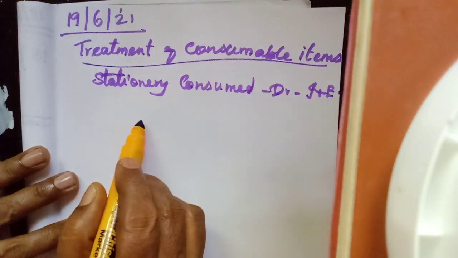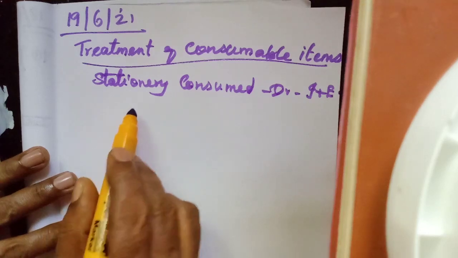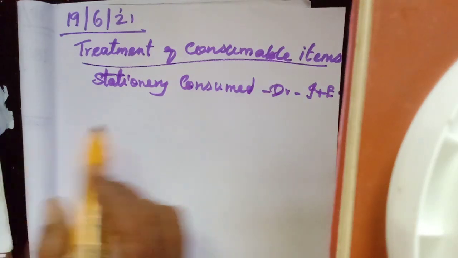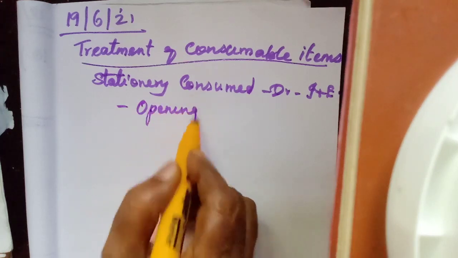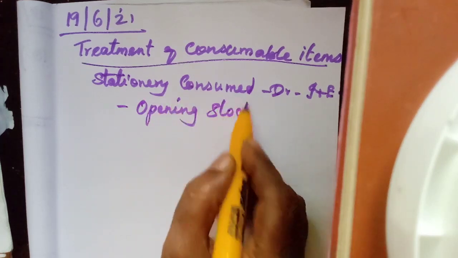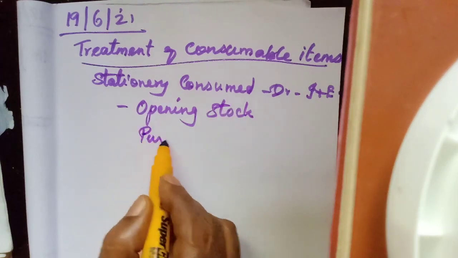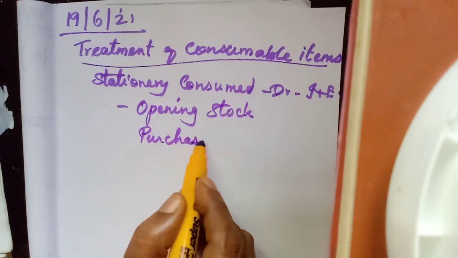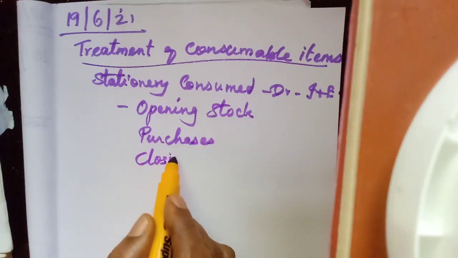The expenses will be given, but we have to write how much we have consumed, because here we will have the opening stock, and they will purchase that year, and some of the items will not be used, that is called closing stock.